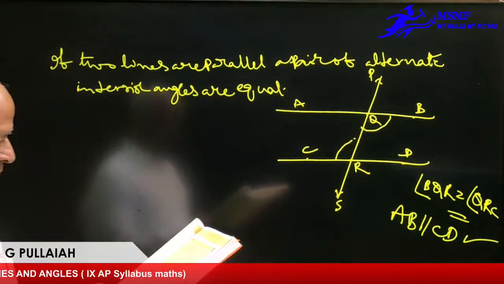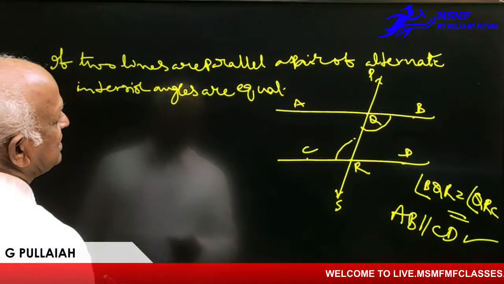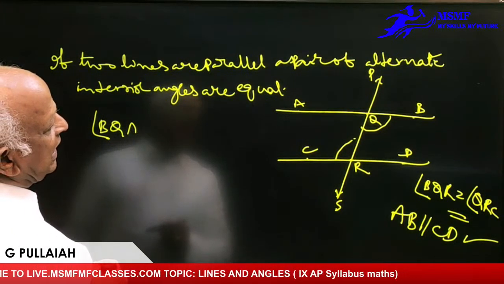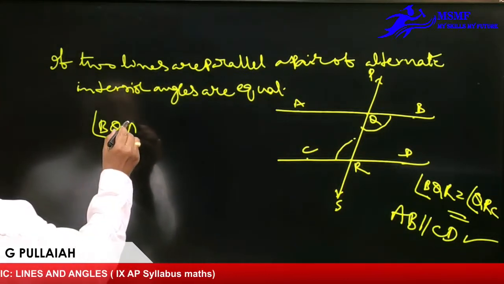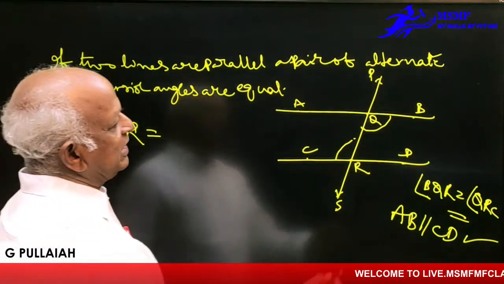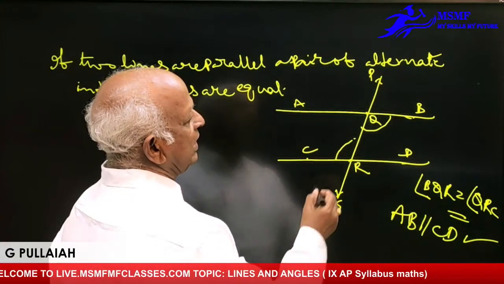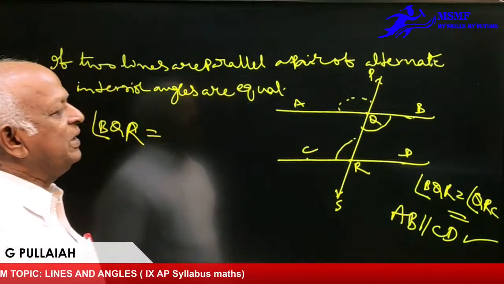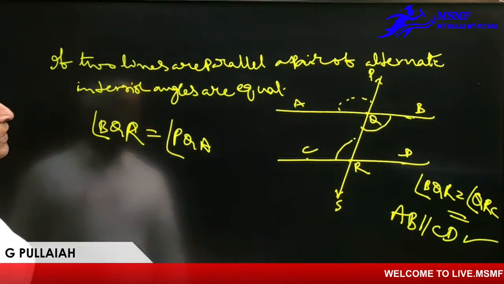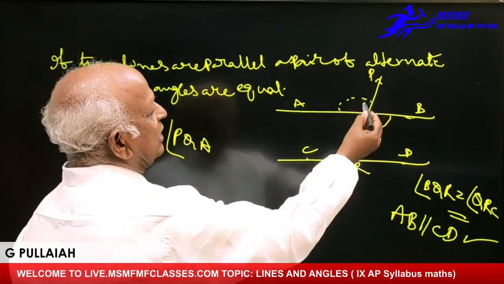So now here we can say that if you take angle BQR, this angle BQR, observe very carefully, angle BQR, I can say is equal to angle PQA. Why is angle BQR equal to angle PQA?